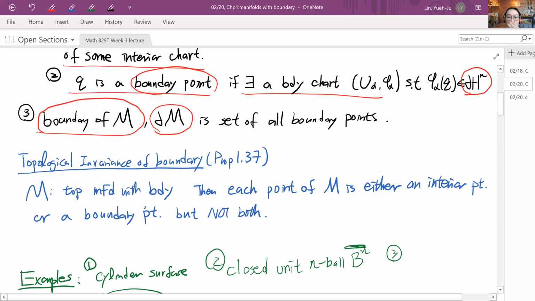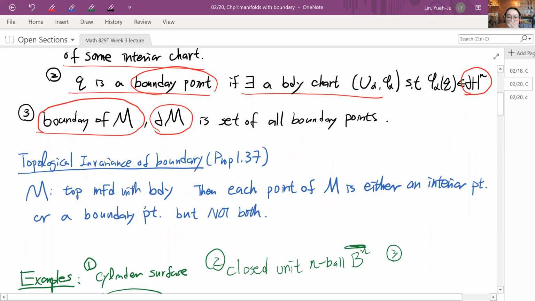Okay, so once we can define a topological manifold with boundary, then we should be able to define a smooth structure in a similar sense, right? Even though a topological manifold with boundary is still a little bit different from the usual topological manifold, you should think of the way we define smooth structures as almost the same.